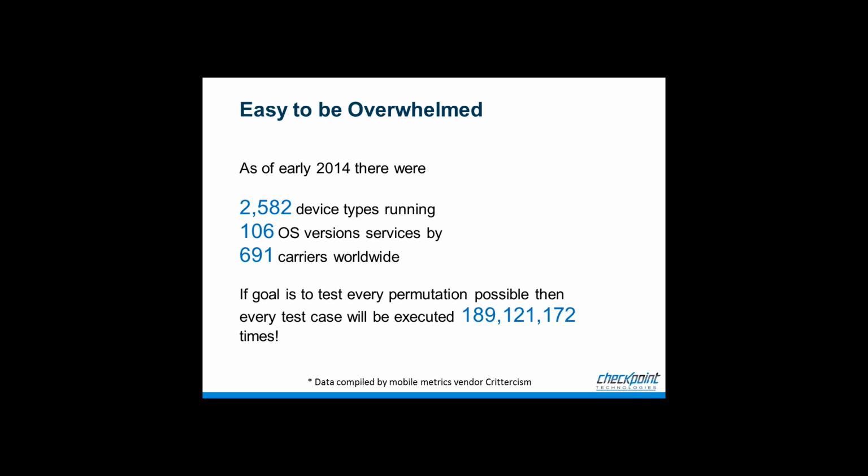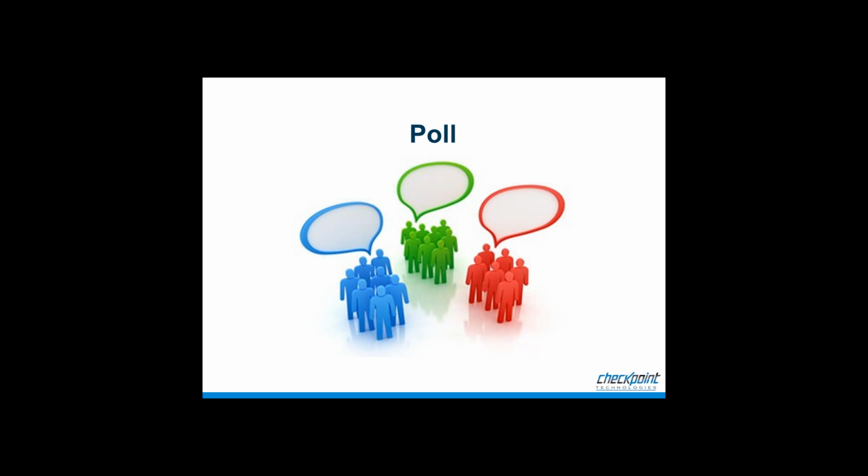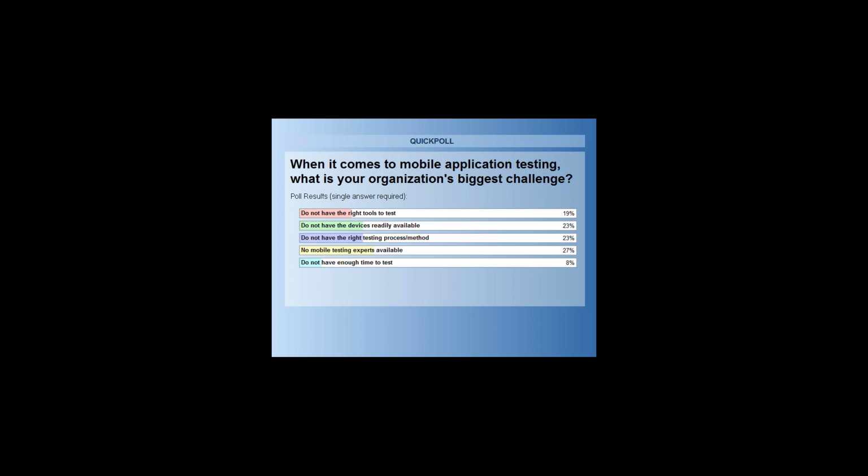So if your goal is to test every condition, every scenario possible, then every test case would be executed 189,121,172 times. With those kind of numbers, you can see why it's so easy to be overwhelmed.